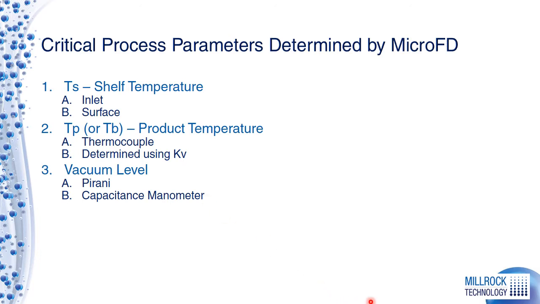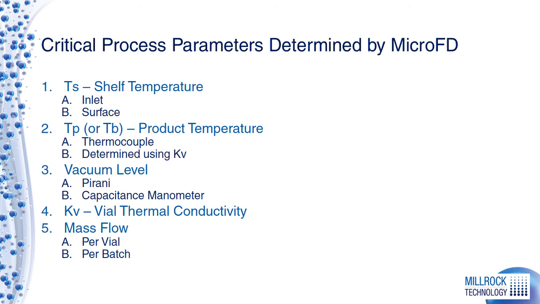It has both a Pirani and a capacitance manometer built into the system, so we can do the vacuum level and do a comparative for the end of primary drying. We'll have a direct output of the vial thermal conductivity, called Kv. It will give us a direct measurement of mass flow per vial and for the entire batch. And it'll also show us cake resistance of the product.